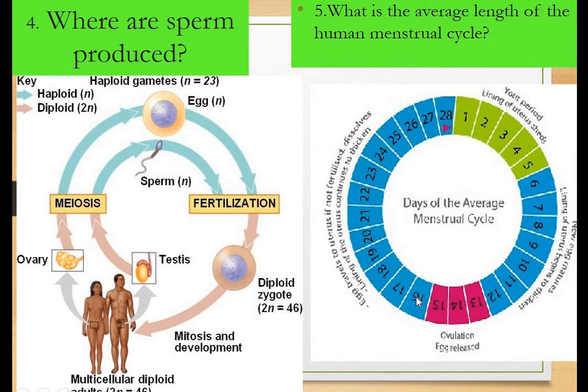And if that egg is not fertilized as it leaves the ovary, it will then start to shed the lining of the uterus, and after 28 days the egg should come out of the body. This whole time period plus minus 28 days. So every 28 days a female will have a menstrual cycle where the egg is released from the body. Please answer these 2 questions in your book.